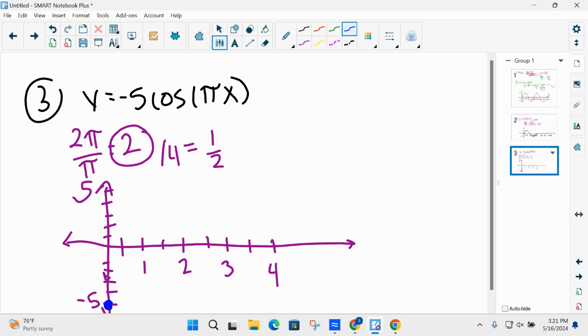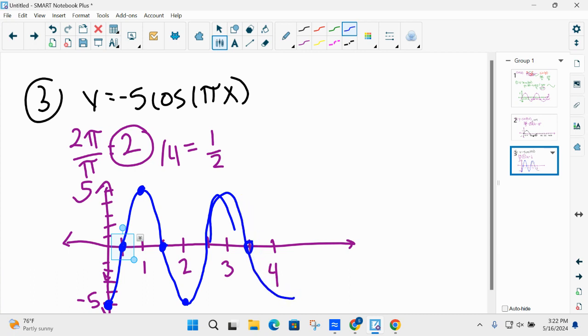And the first coordinate would be 1/2 of a unit later. That'd be your intercept. And then at 1 would be your maximum. And then half a unit later would be another intercept. And then half a unit later would be back at your minimum, your starting point. And then you would continue that process. Okay, hopefully yours looks a little neater than mine.